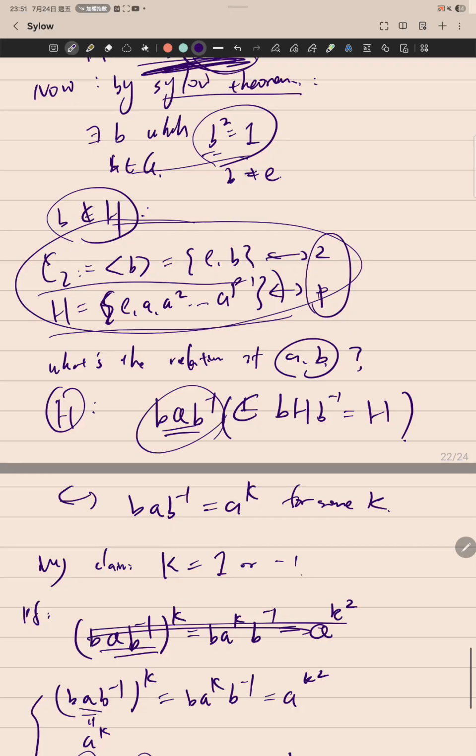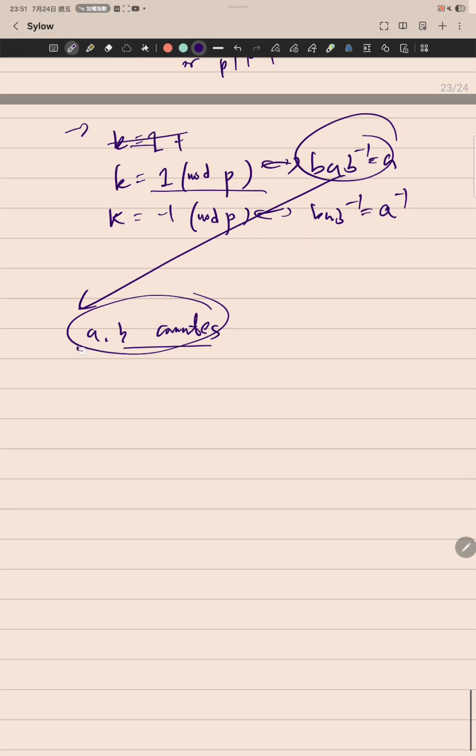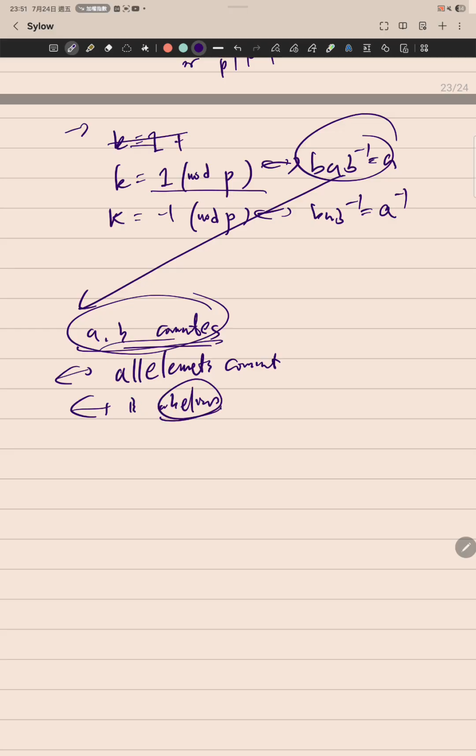Because BAB inverse commutes, if A and B commute, all elements commute. So this shows that this is abelian, so G must be Z mod PZ.